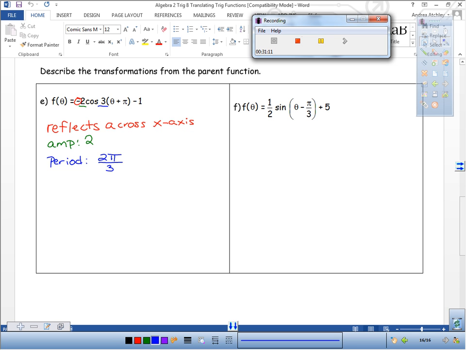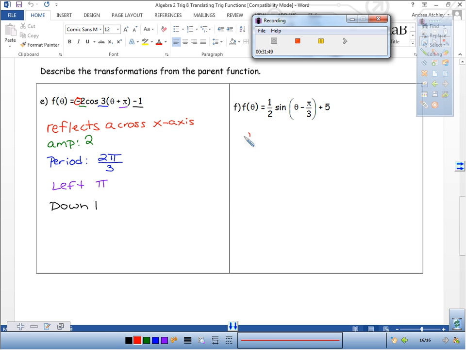The 3 also is that horizontal stretch. You're stretching the trig function horizontally. Then the pi is to the left, like it always is. Inside the parentheses is the twilight zone, so left pi. And then the negative 1 is down 1.